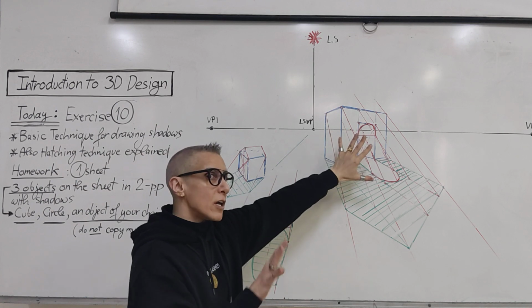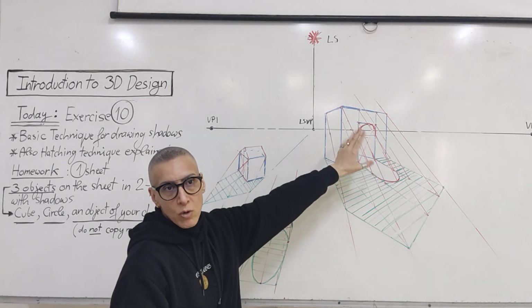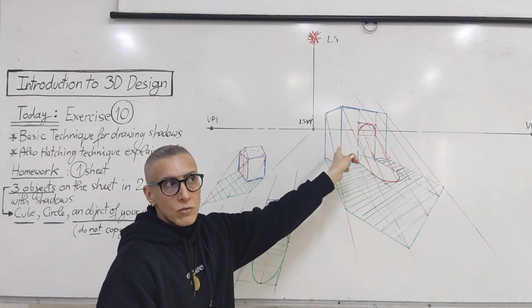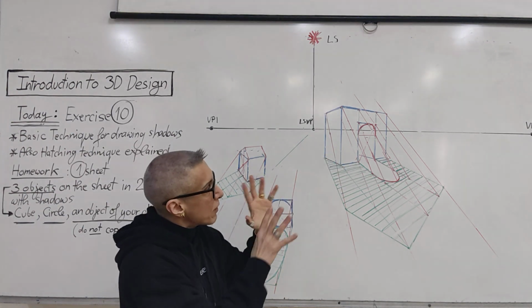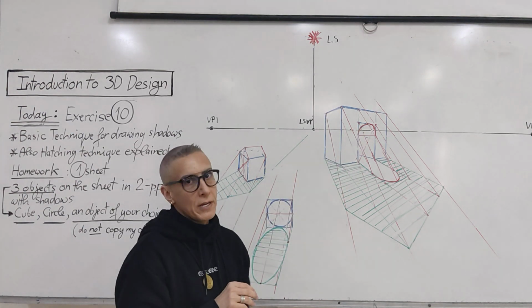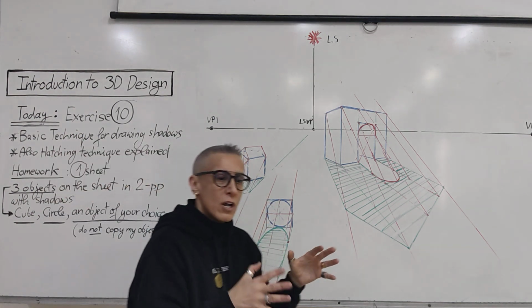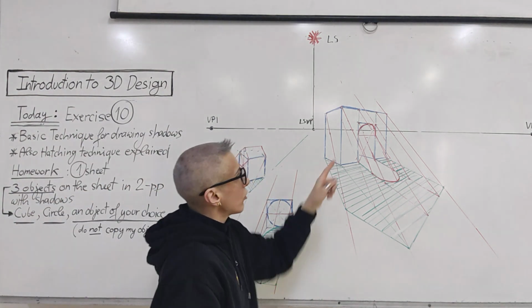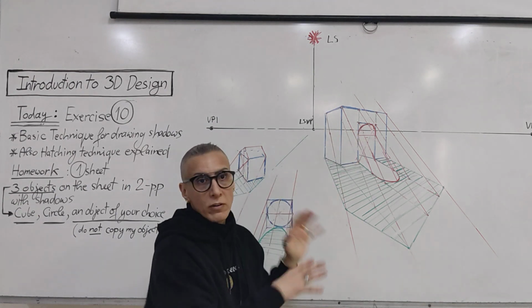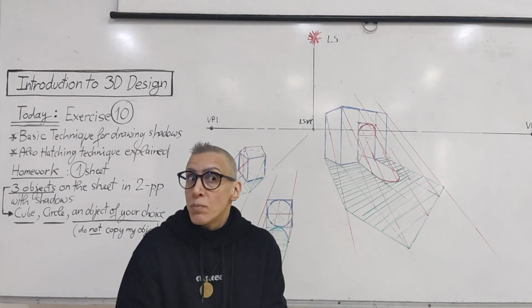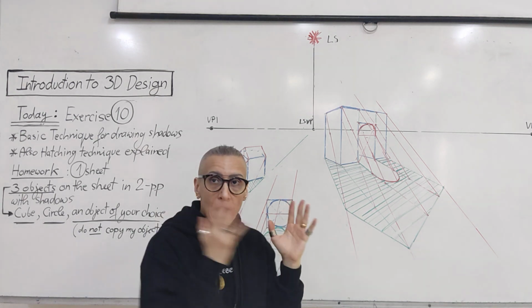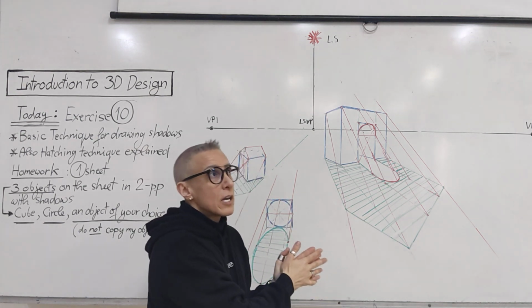This object, you need to draw something else. You cannot copy this, okay? So draw me another object. I prefer with some kind of an opening. So not just a very simple cube, so some objects that have an opening, just to see how you deal with these points and how you connect, okay? Don't complicate too much. It is now just to understand the idea.